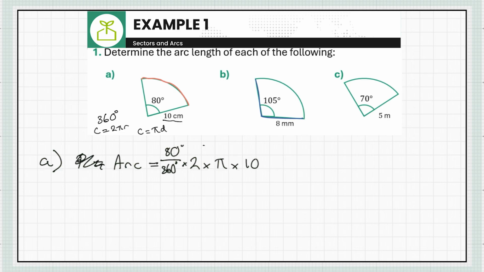So our arc is going to be equal to 80 divided by 360 times 2 times pi times 10. The whole thing here is just your formula for the circumference of a circle, and then we multiply it by the fraction that this particular angle represents of that circle. Alright, so let's put that in our calculator.